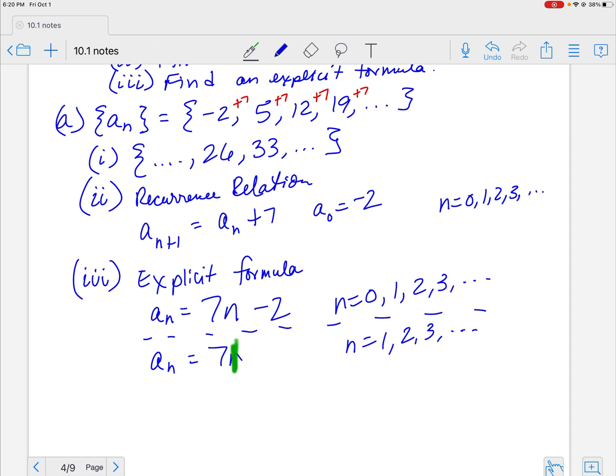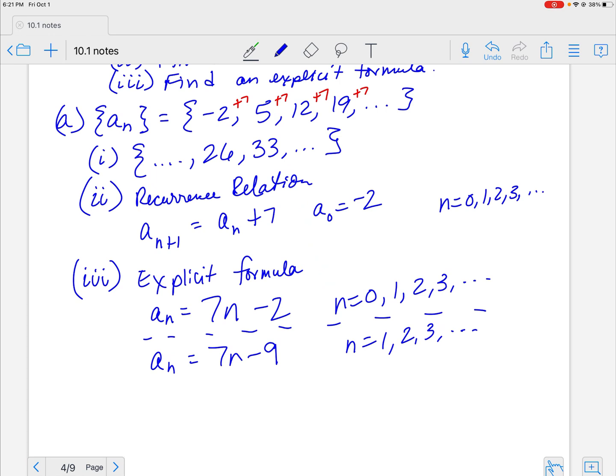If I plug a 1 in here for n, 7 times 1, what do I have to add or subtract to 7 in order to get -2 as my first term? -9. Exactly. So 7 times 1 is 7 minus 9 is -2. Then try my 2. 7 times 2 is 14. 14 minus 9 is 5.